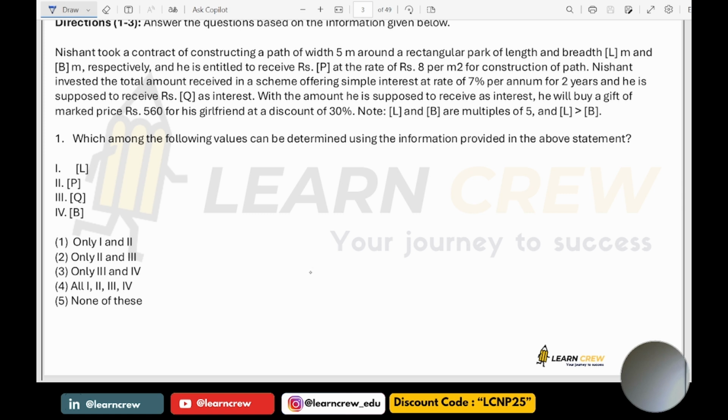First of all, see what you have understood. The amount received by Nishant as interest is nothing but the selling price of the gift, which is equal to 70% of 560, which is 392 rupees. So this Q is 392.